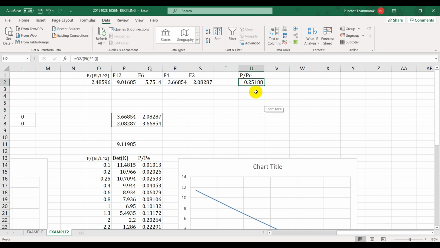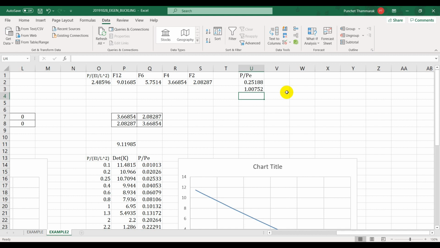Then you get that buckling load multiplied by 0.25. You need to get the 4 multiplied by this 0.25, and then you get 1 point something. So you are about just 0.7% off, which is very reasonable, acceptable for the engineering design.